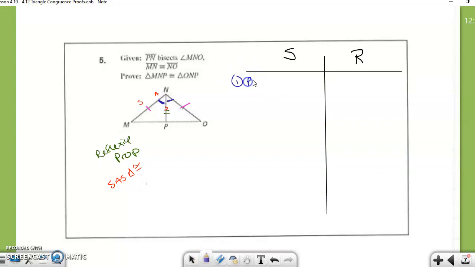So I'm going to start with PN bisects angle MNO. And that is given to me. Okay, now remember I put this marking, I have to use definition of bisect somewhere, so I'm going to say angle MNP is congruent to angle ONP.